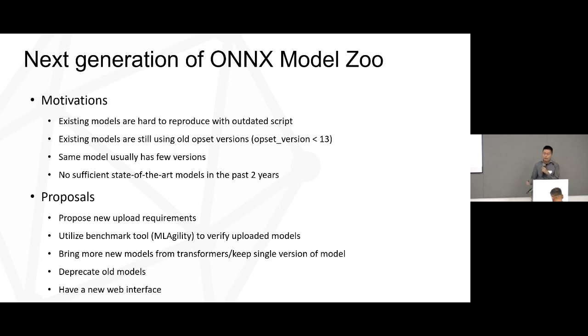So here we have several proposals to resolve this. First, we propose new upload requirements: we require users to provide the reproduction script, so later on users can reproduce it in the future, and it is also easier for us to bump the opset version for that ONNX model. Second, we want to utilize the benchmark ML Agility from Groq, and we had an awesome presentation this morning.